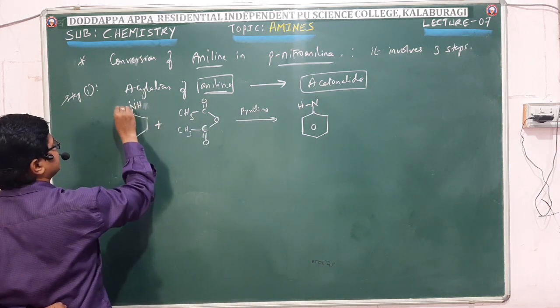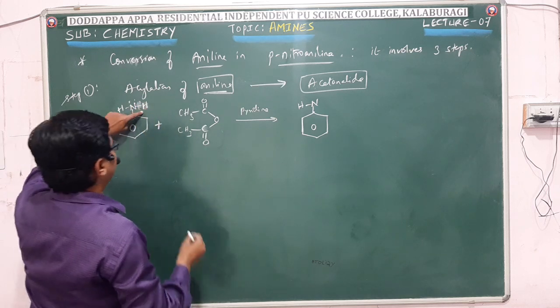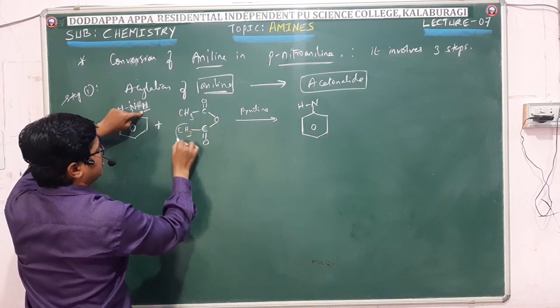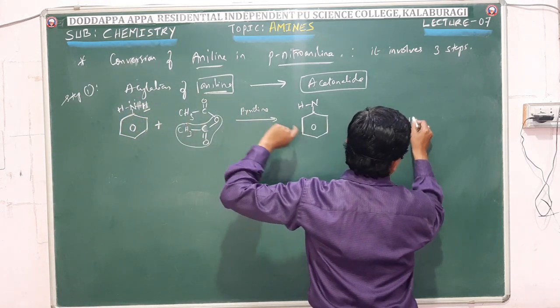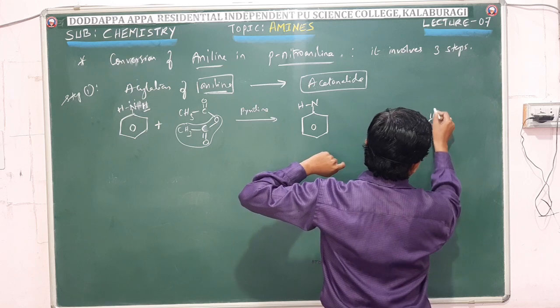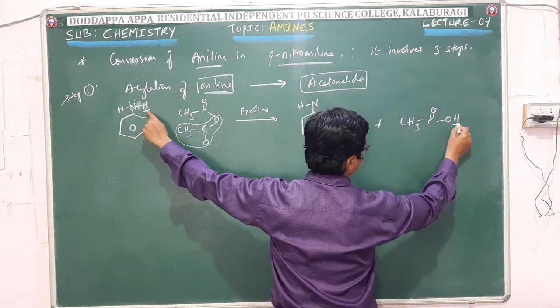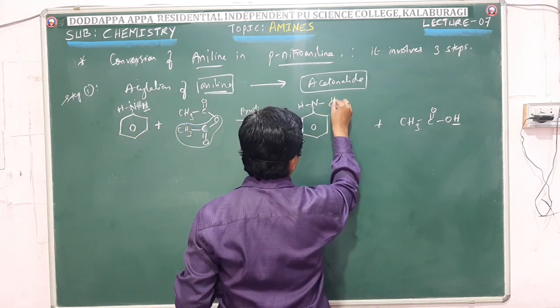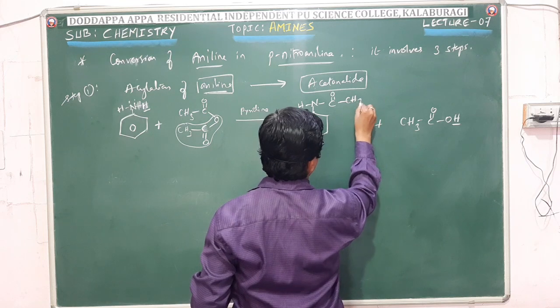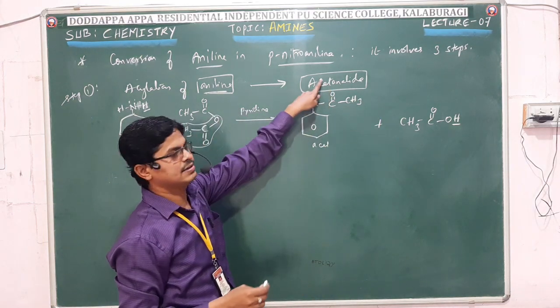One of the H reacts with the acetate group to form acetic acid, CH3COOH. Then the remaining acyl group is added to form acetanilide. Okay, this is acetanilide.